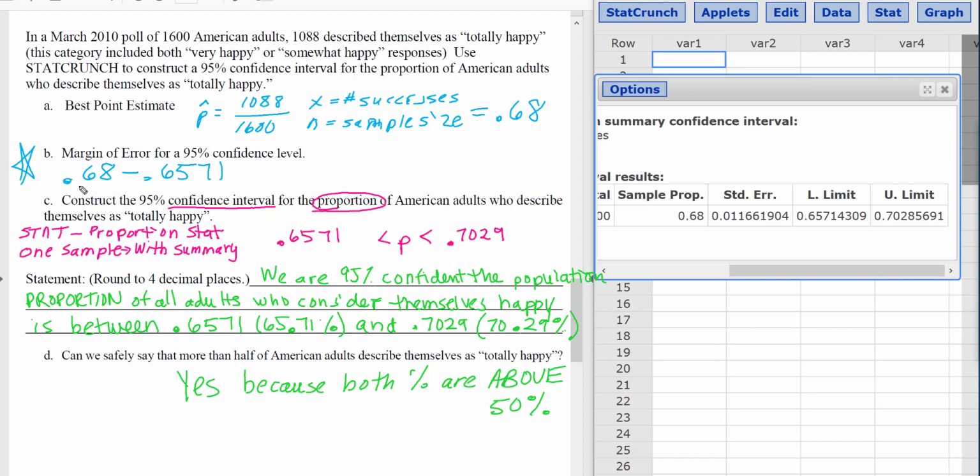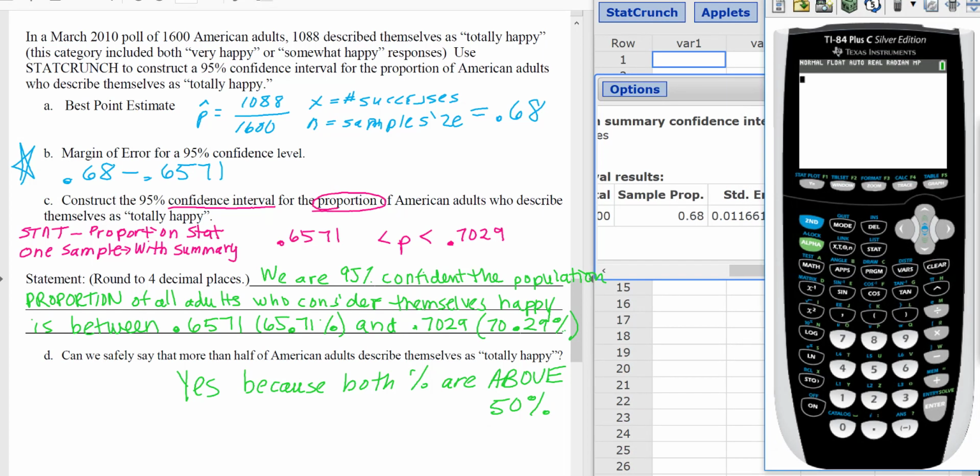Let's just go ahead and pull up the calculator here. And on our calculator, just 0.68, minus 0.6571. We hit enter, and we have our answer of 0.0229, or 2.29%.